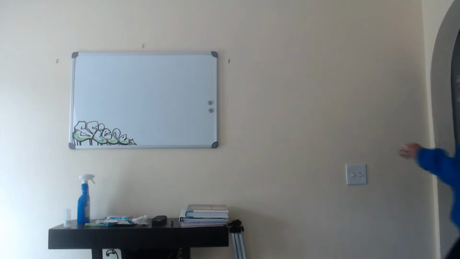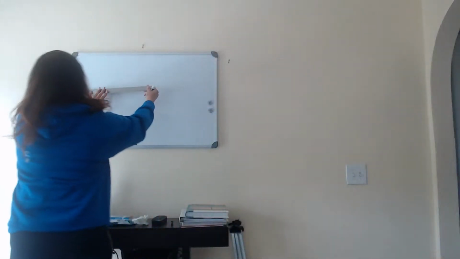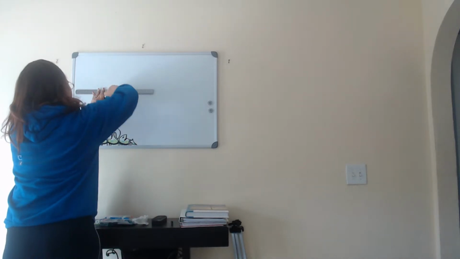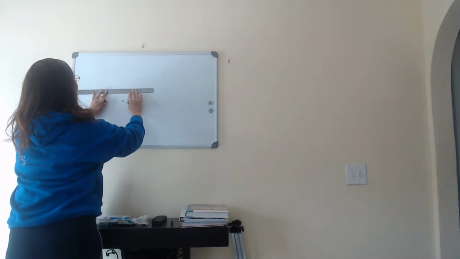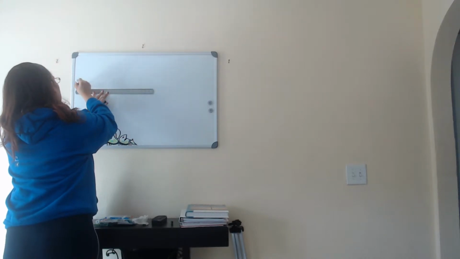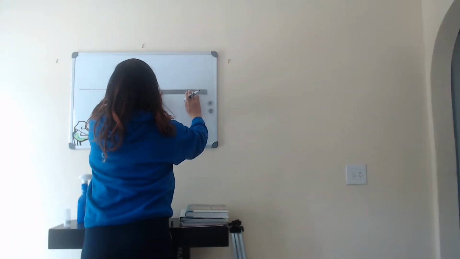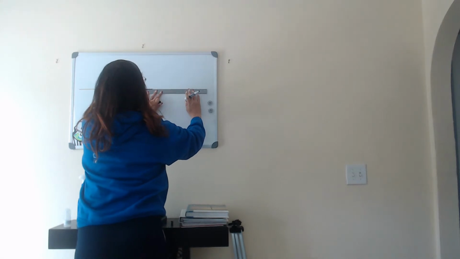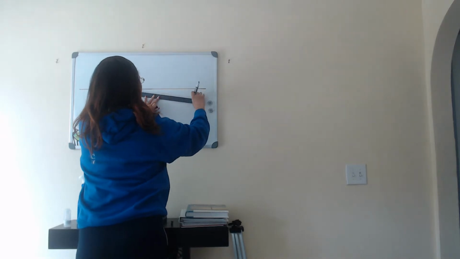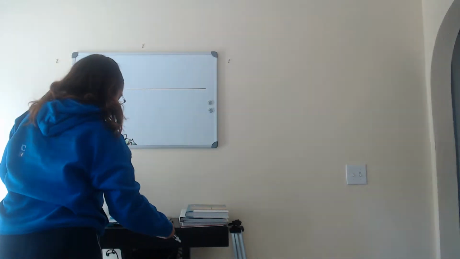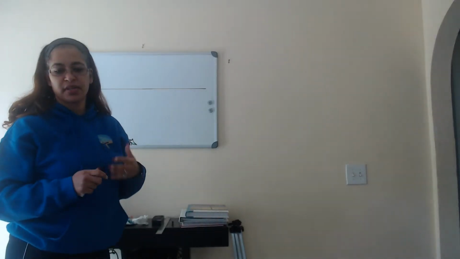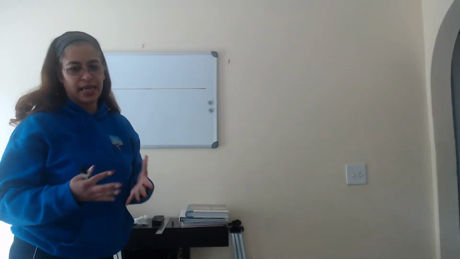If we have a line for the wave that depicts the center of the wave, so this line here is basically the center of the wave, and I'm going to draw this as best as I can.